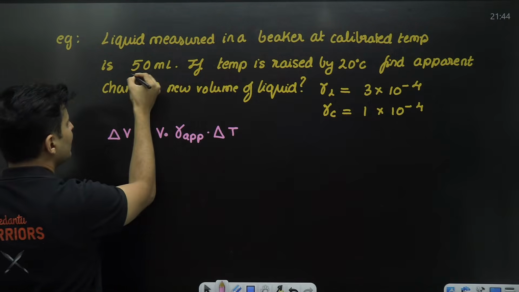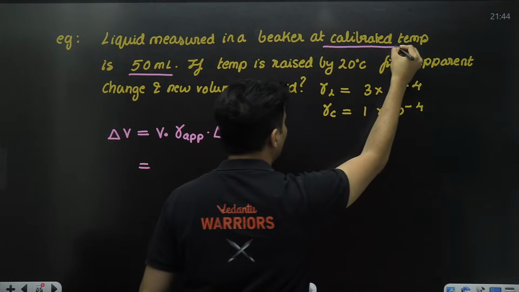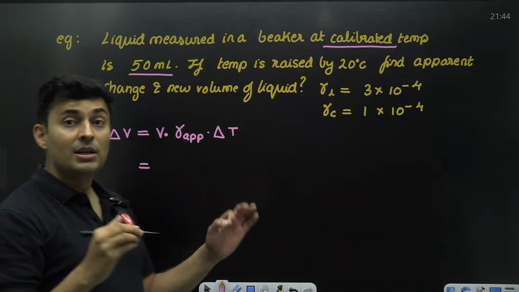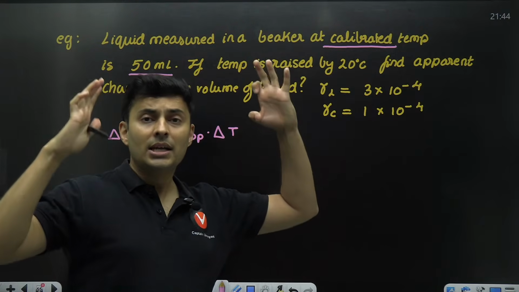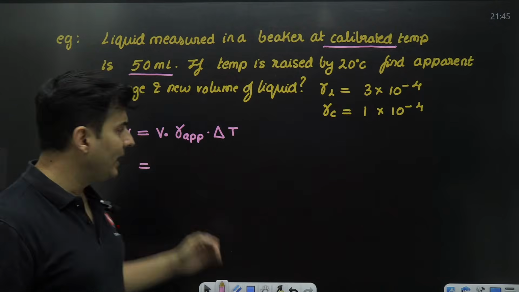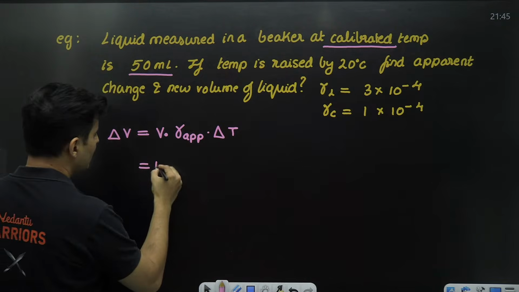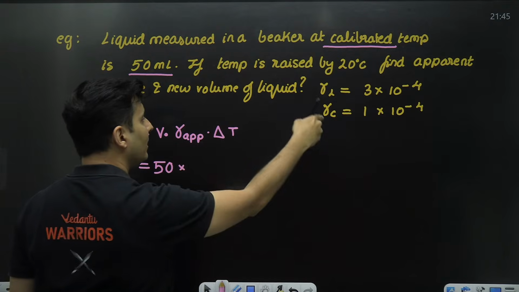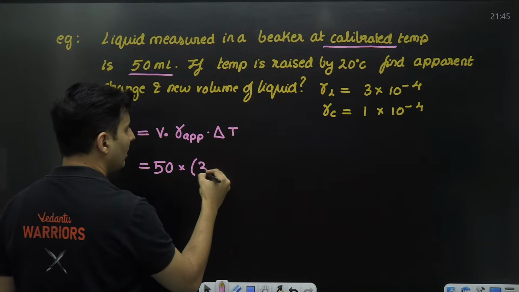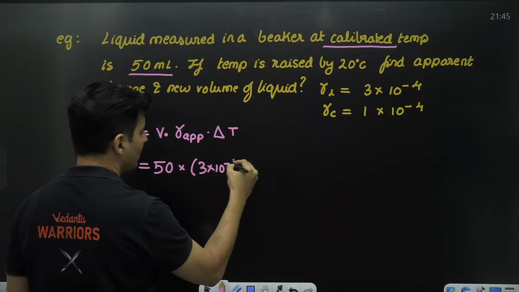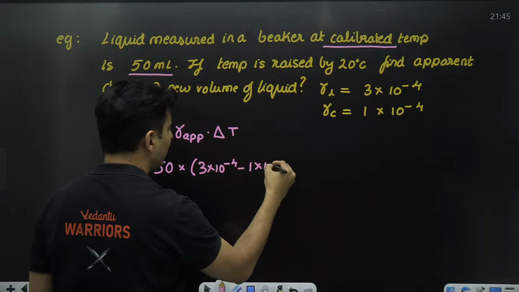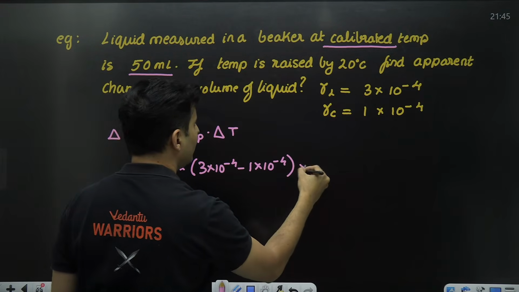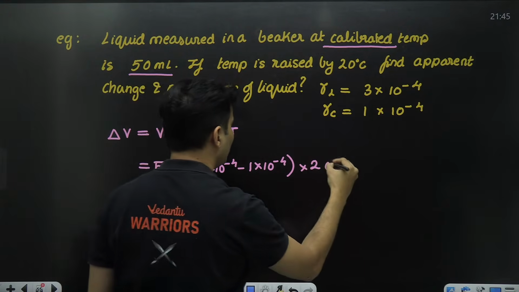The original volume is the true volume at the calibrated temperature. Meaning, I know that at this temperature I should get the true reading. So that is the original volume, and I'll just put 50 in milliliters. Gamma apparent is the difference of these two numbers: 3 into 10 to the power minus 4 minus 1 into 10 to the power minus 4. The difference of the temperature is nothing but 20.